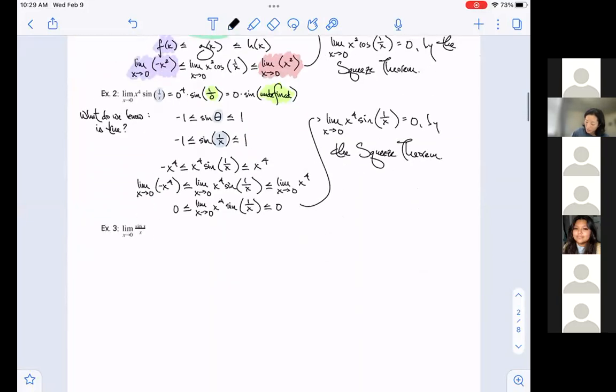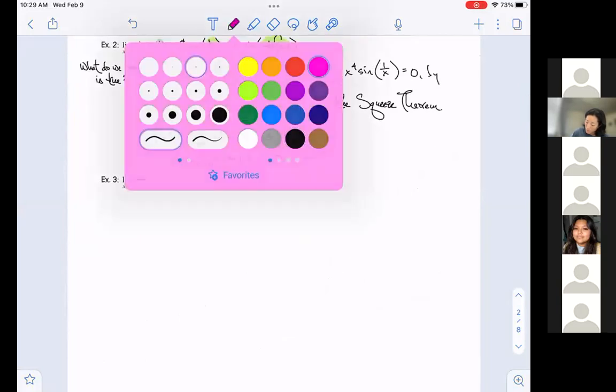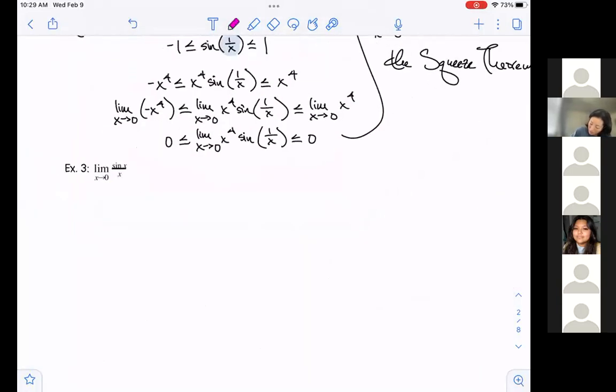For example 3, the limit as x approaches 0 of sine x over x is 1, using the squeeze theorem.